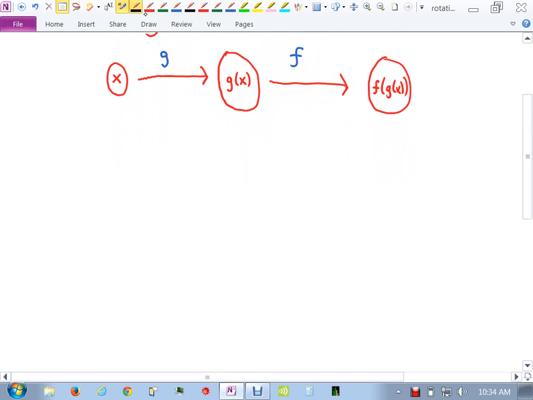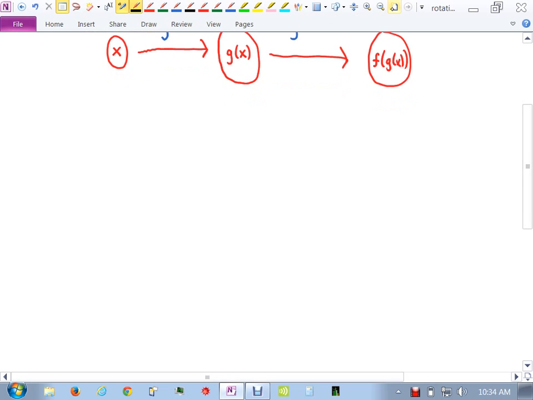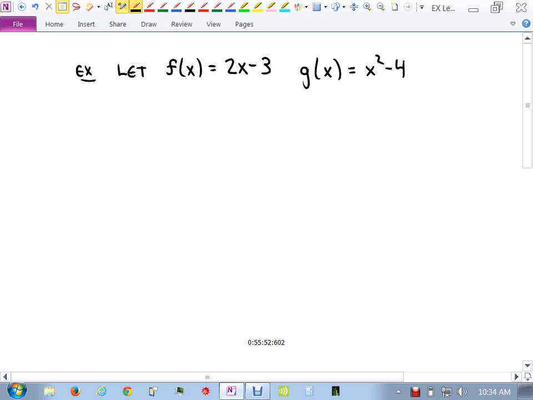All right, so I think it's time for an example, don't you? Because we're running out of time. I'll start a new one here. Let f of x, we're going to go ahead and stick with our same functions. And I want us to first find f of g of x.